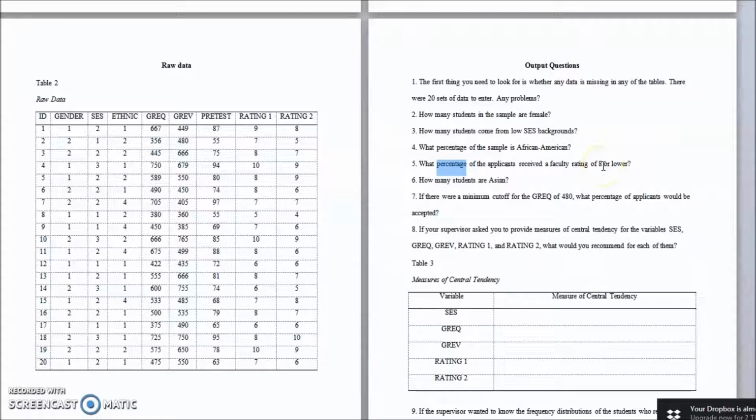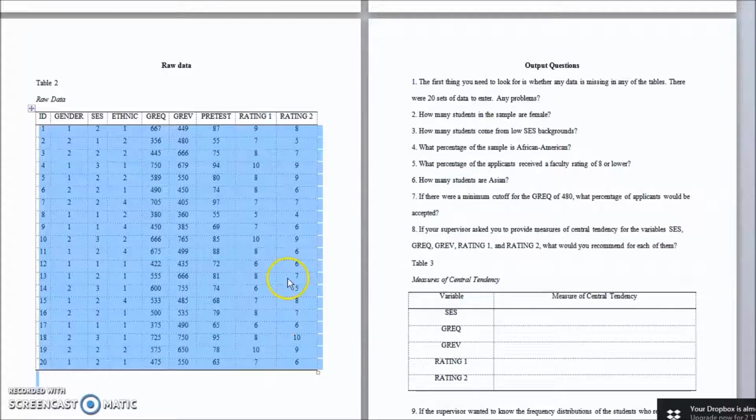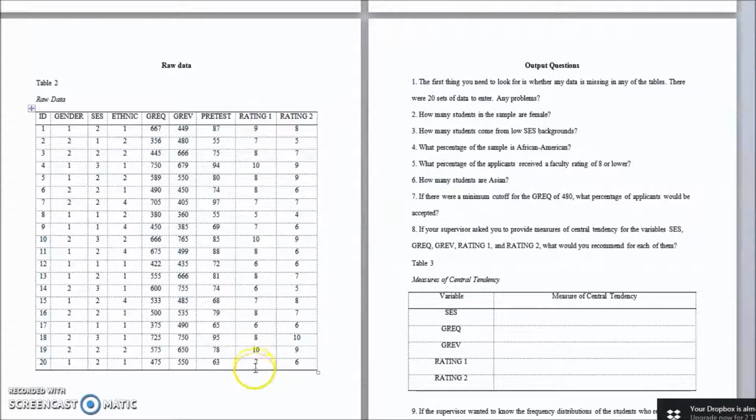Or you can do it the other way, in which you find out how many have got a rating from 1 to 8. So you go for rating 1, rating 2, find out how many they are, and then divide it by 40. And then you multiply by 100.